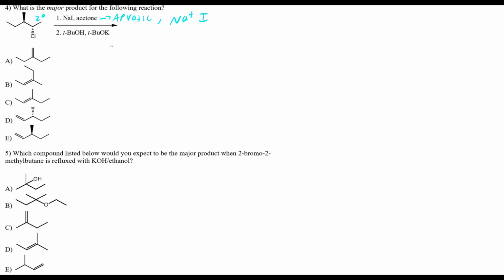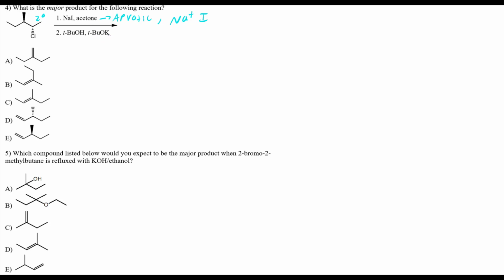Okay. So first of all, what it's saying here is that in step 1, we're going to be treating this molecule with sodium iodide in acetone solvent. And afterwards, we're going to be treating it with t-butyl potassium oxide. I don't know what that's called, but right?